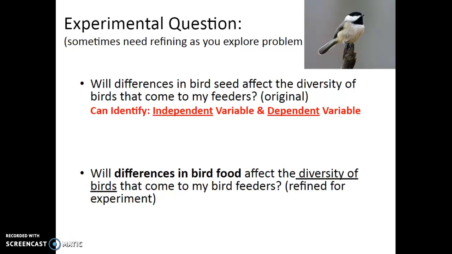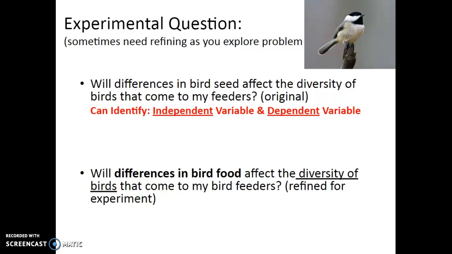It's important when you're looking at an experimental question that you are able to identify the independent variable and the dependent variable. So what would be the thing I change in this experiment? I'm changing the bird seed, or the bird food. What am I measuring?